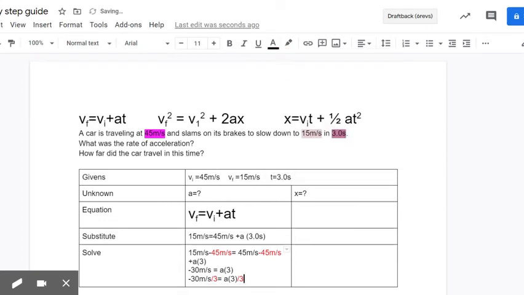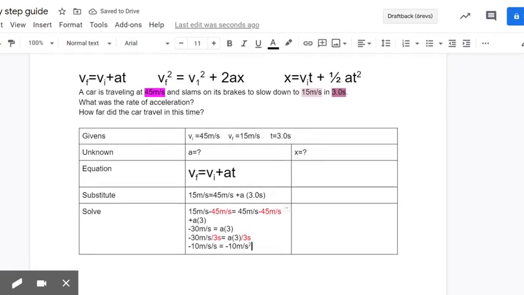So that'll get the A by itself, negative 30 divided by 3. My A is negative 10 meters per second. I forgot to throw in the seconds here. So it's negative 10 meters per second squared. So I have my A.